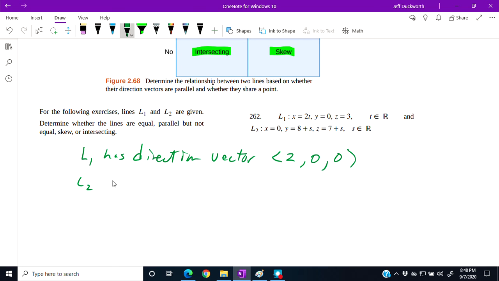And L2 has direction vector, the same thing, the x value is 0. The y value has a 1, so that's 1, as does z. So it's the coefficient in front of the s that we're looking for there. So these clearly are not parallel.